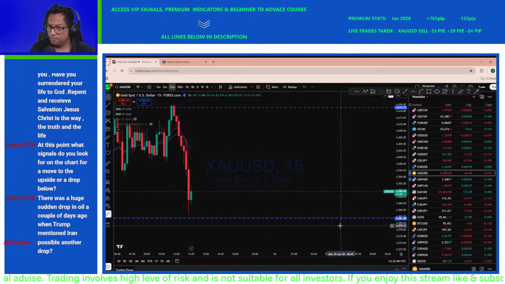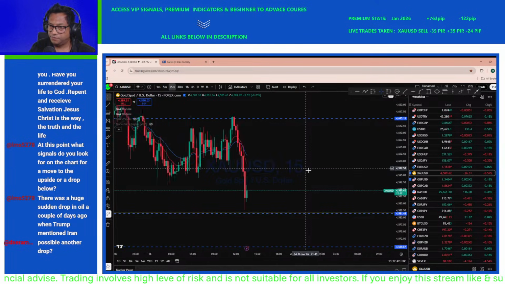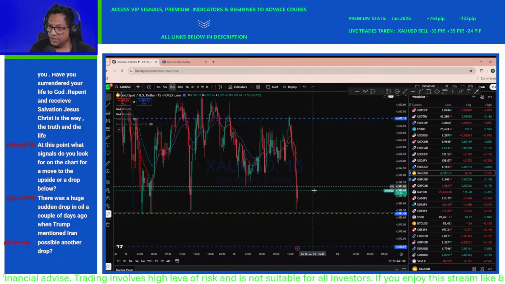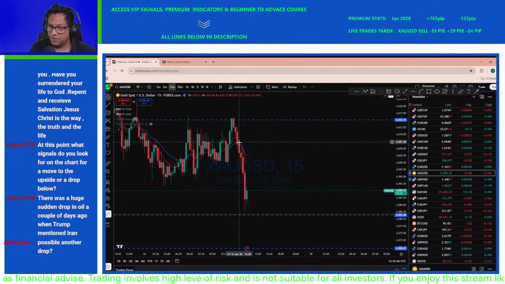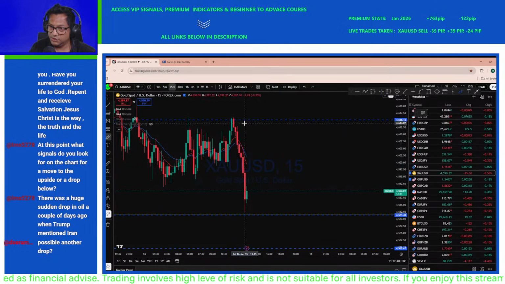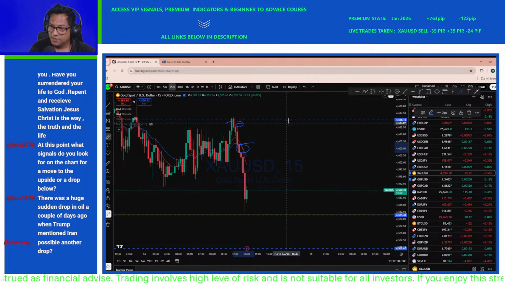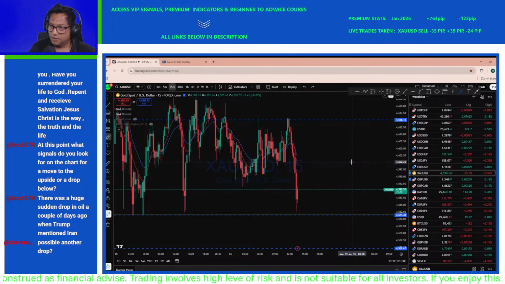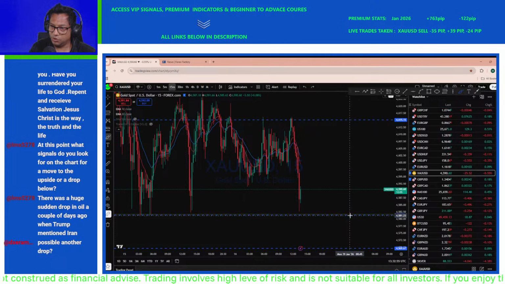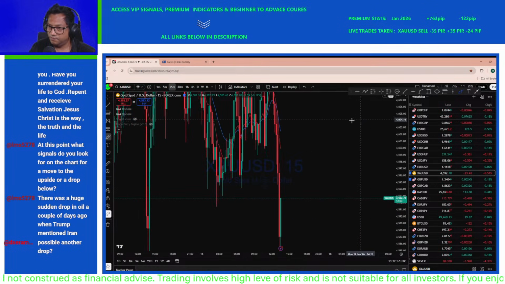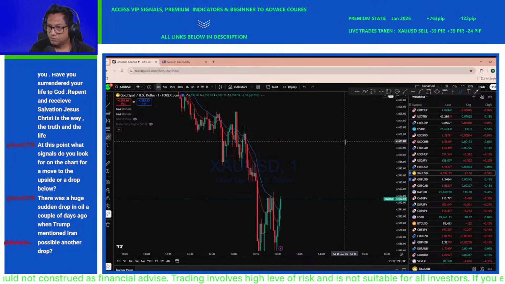Therefore it has volume in it, two significant liquidity grabs. One is here, the other one is here. There is still possibility for further downside.